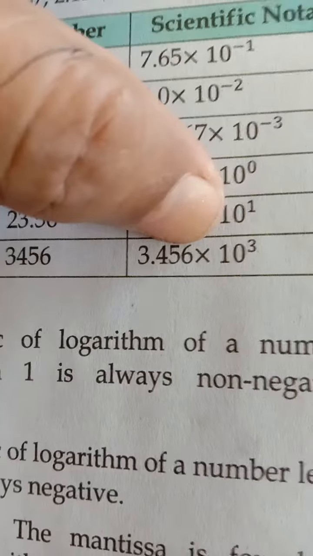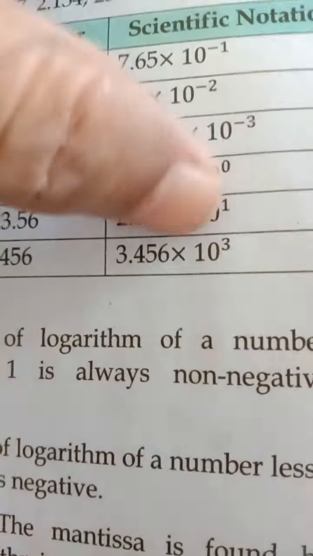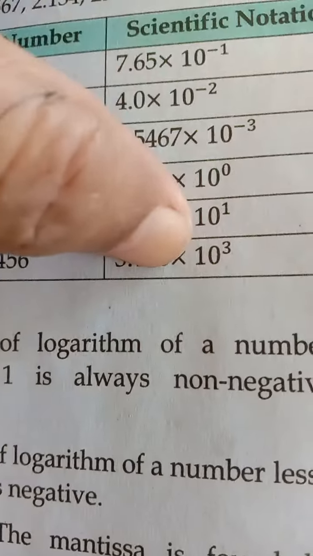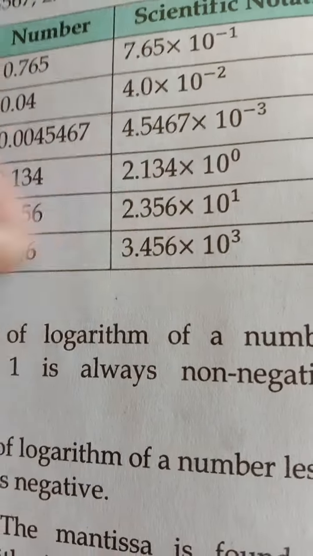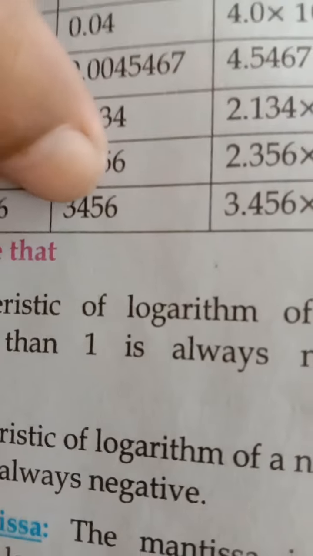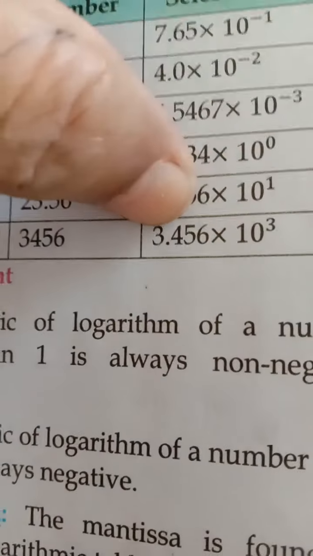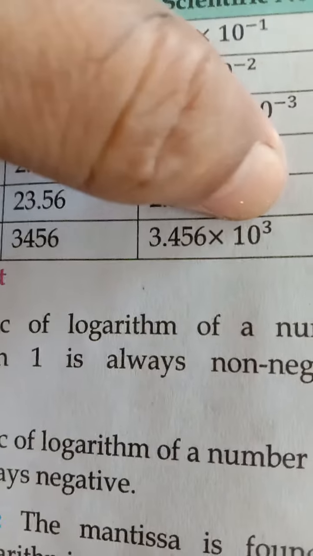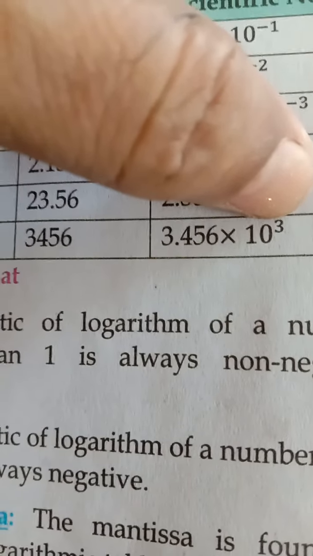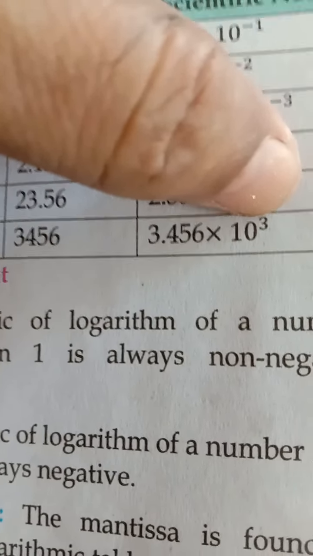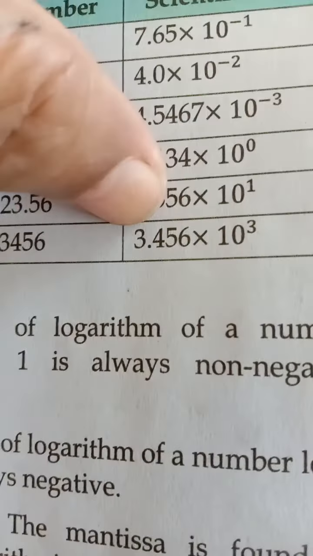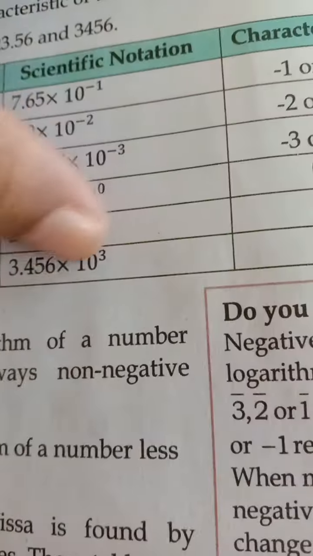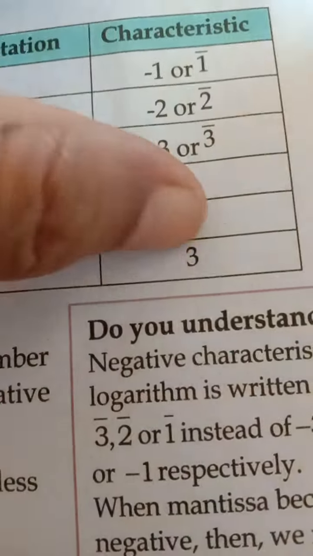We can write the number in scientific notation, multiplied by 10 to power 3, because when we are multiplying 1000 with this number, we will get the same number 3456. So whenever we are moving the decimal, we have to write here 10 to power n. N will be an integer. So 3.456 multiplied by 10 to power 3, and 3 will be the characteristic.